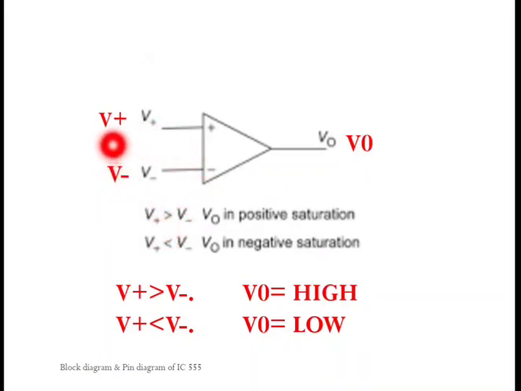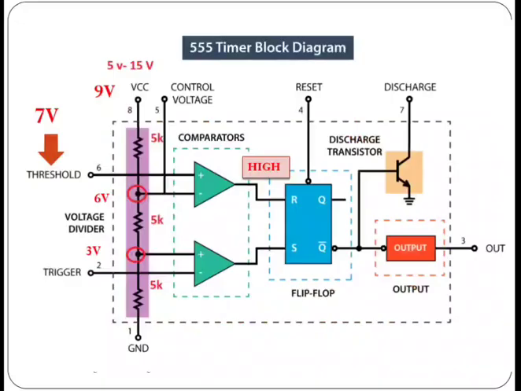If V plus is greater than V minus, then the output would be in positive saturation. Then V0 is high. And if V plus is less than V minus, then V0 is low. That means it is in negative saturation.